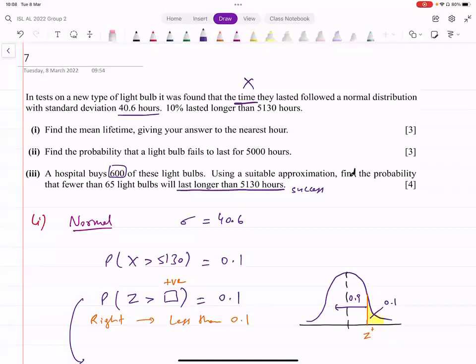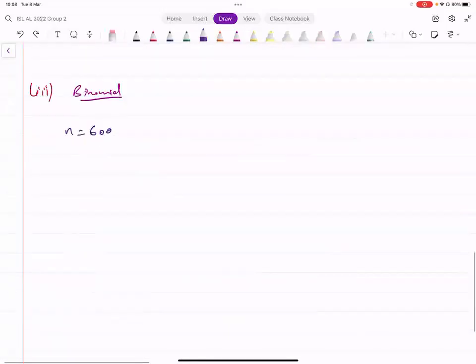What's the probability of success? Lasting longer than 5130 hours. What's this probability? देखिए उसने question में दी हुई थी 10% last longer than 5130 hours. So this probability of success is 0.1. Is that okay? Probability of success हमारे पास क्या होगी, 0.1. तो failure क्या हो जाएगा, 0.9.